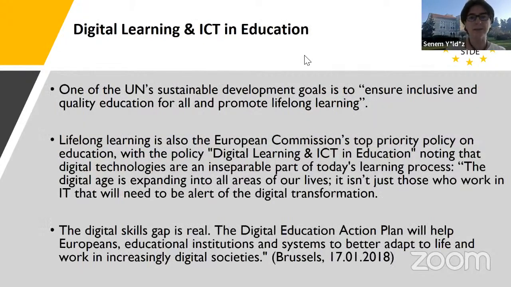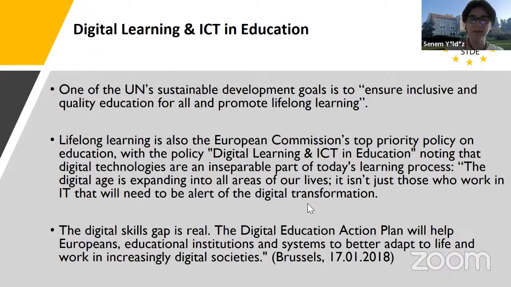One of the UN's Sustainable Development Goals is to ensure inclusive and quality education for all and promote lifelong learning as part of this whole general scheme. And lifelong learning is also the European Commission's top priority policy on education, with the policy Digital Learning and ICT in Education, noting that digital technologies are an inseparable part of today's learning process.